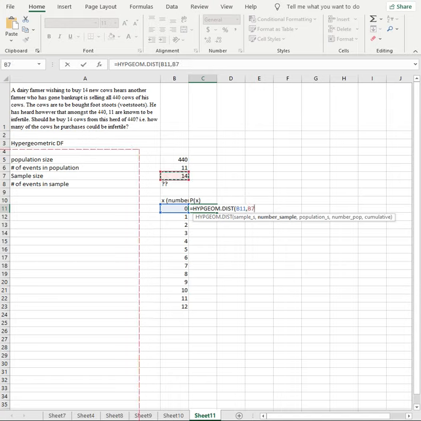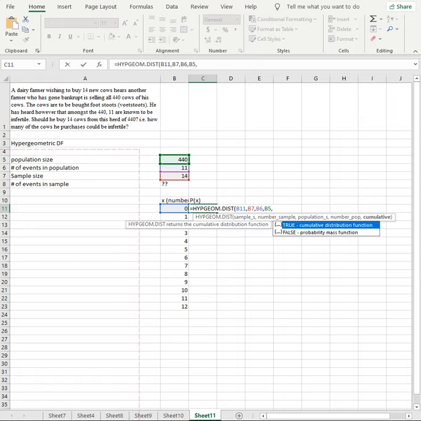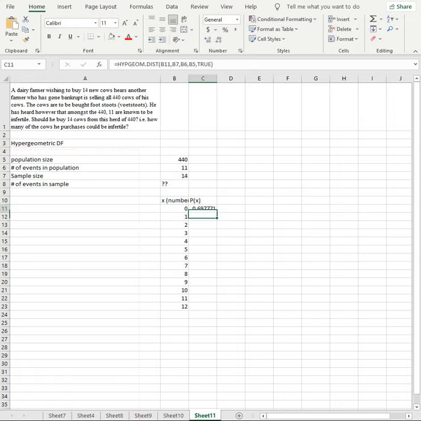Good. What's the population success or number of infertile cows in that one? Great, good. And what's the number in the population or the population size? No surprises there, cool. And we'll do cumulative.